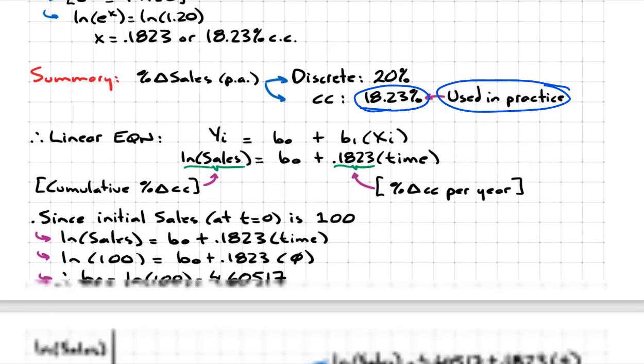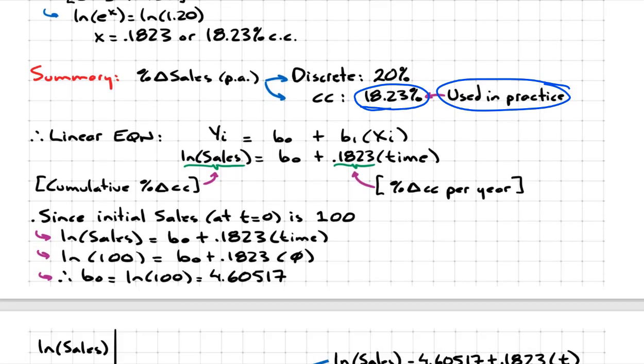So therefore, starting from our basic linear regression right there, what we are going to be plotting now, remember we said before sales was not linear. Instead, what we're going to plot is the cumulative percentage change in sales. But again, because it's percentage change, we're doing it in continuously compounded format. So we're going to plot ln of sales, and here it is.